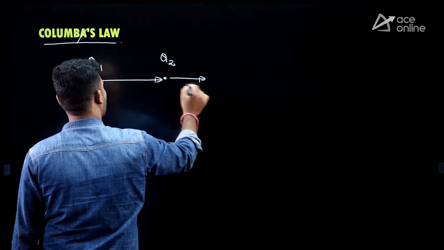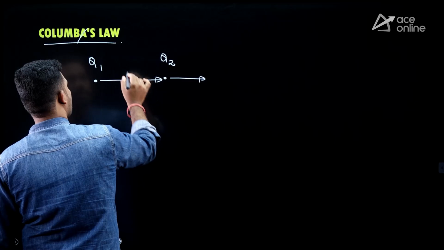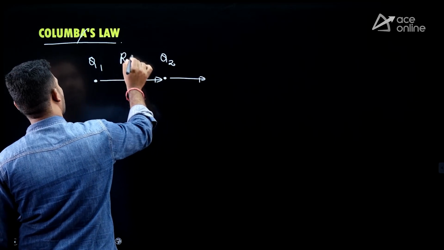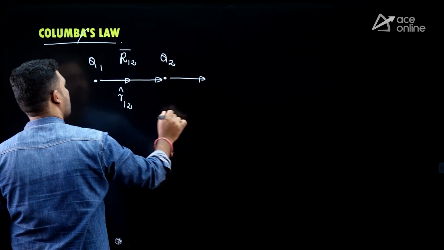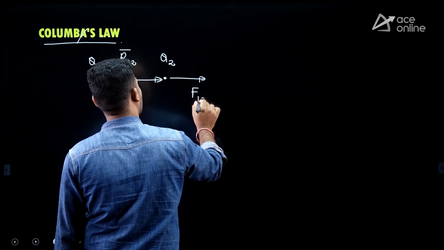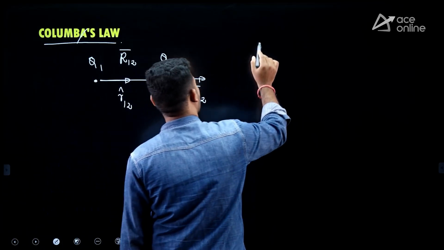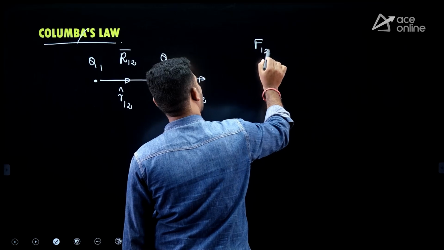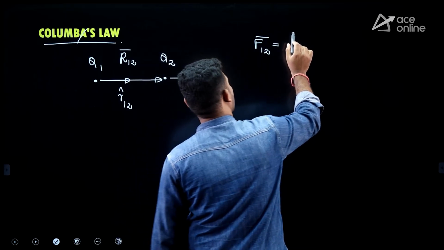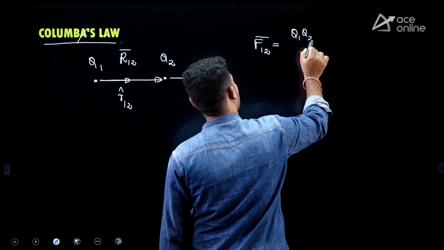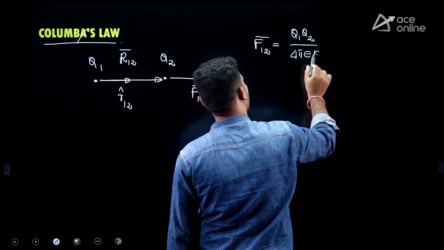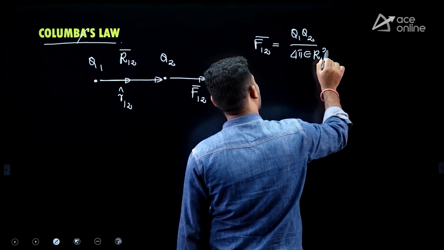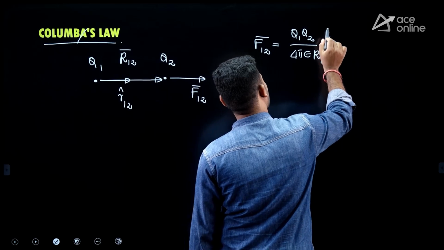This is the force direction, not like this, not like this, line joining. So it is the R12 vector and there is a unit vector here. So this is F12, the force on the second one due to the first one. So F12 is given as Q1 Q2 divided by 4 pi epsilon R12 square into R12 cap.